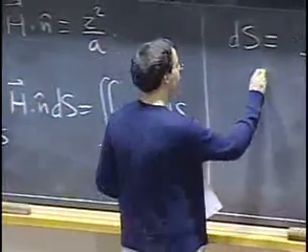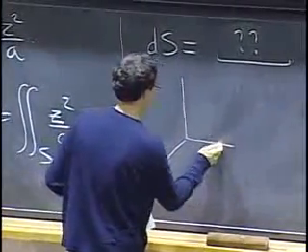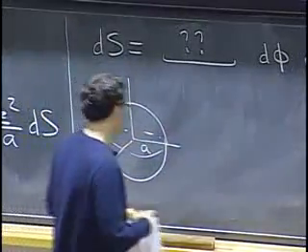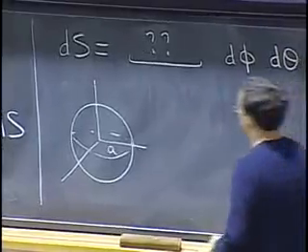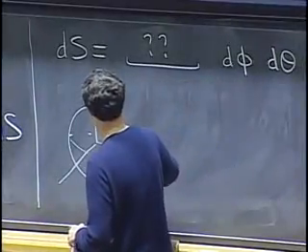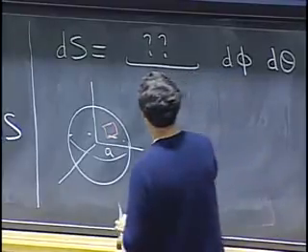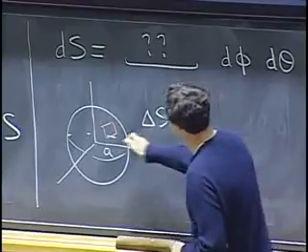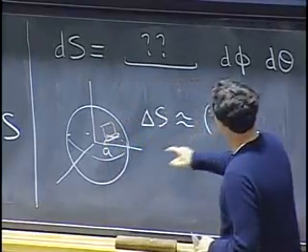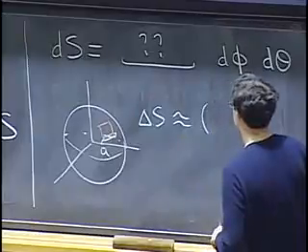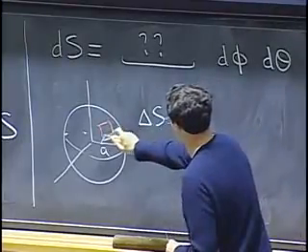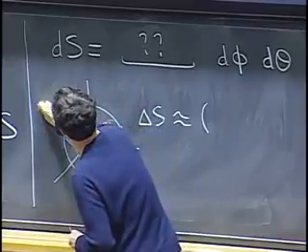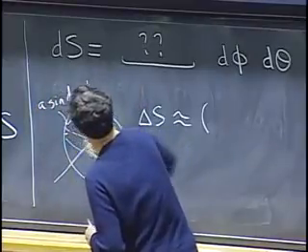Okay? So last time, we've seen that if I have a sphere of radius a, and I take a little piece of it that corresponds to small changes in phi and theta, then we argued that this side here, the one that's going east-west, was a piece of a circle of radius a sine phi, because that's r.